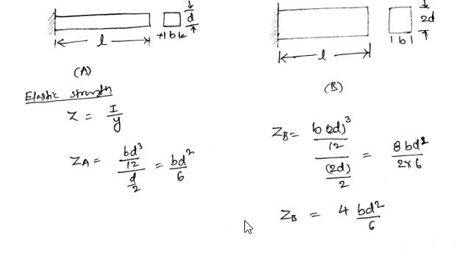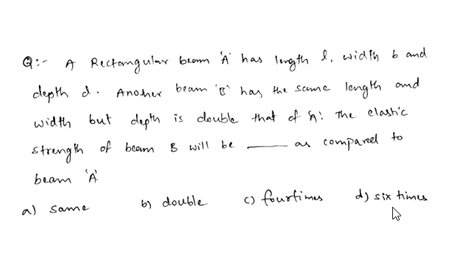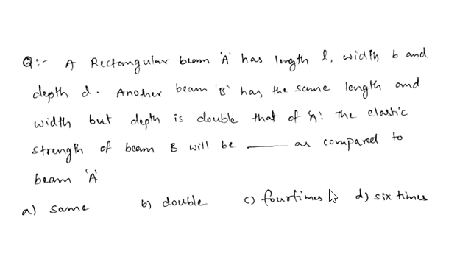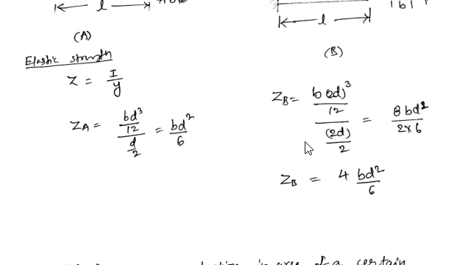So for A it is BD square by 6, for B it is 4 times BD square by 6, means the elastic strength of B is 4 times the elastic strength of A. So option C is the right option for this question.